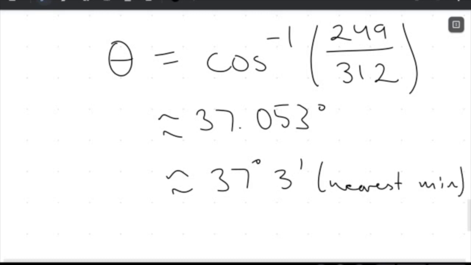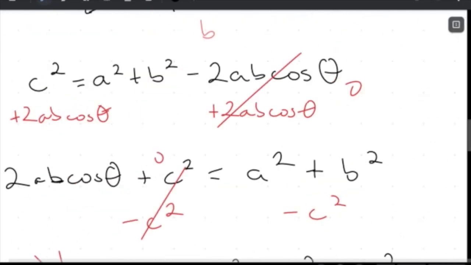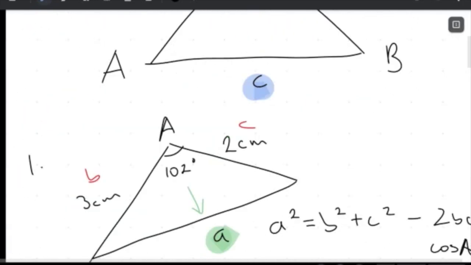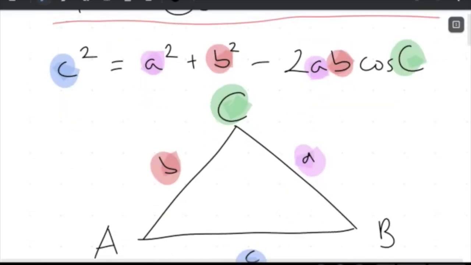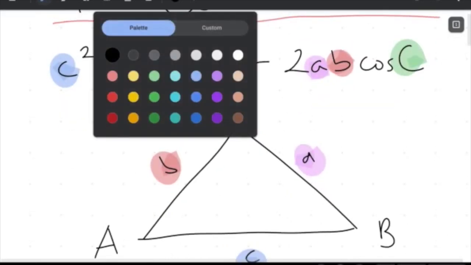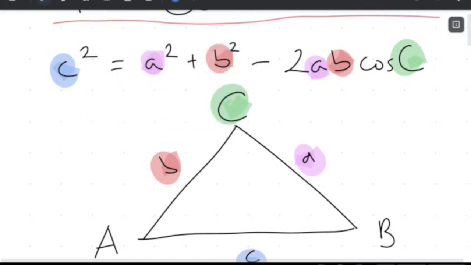So we use cosine rule in 2 particular ways. One is in this form up here, where we have the cosine rule for when we want to find an unknown side. So let's actually write this in here. This is for the unknown side. And we can see that one of the sides, c, is the subject of the equation.